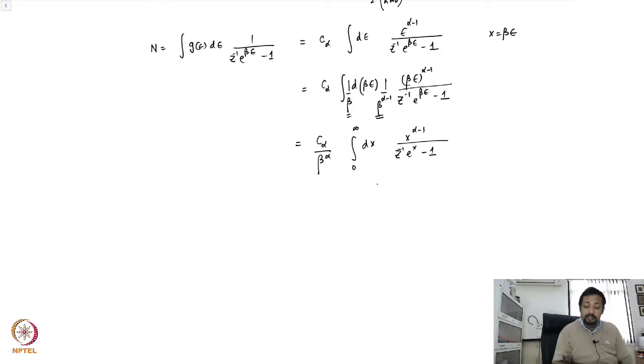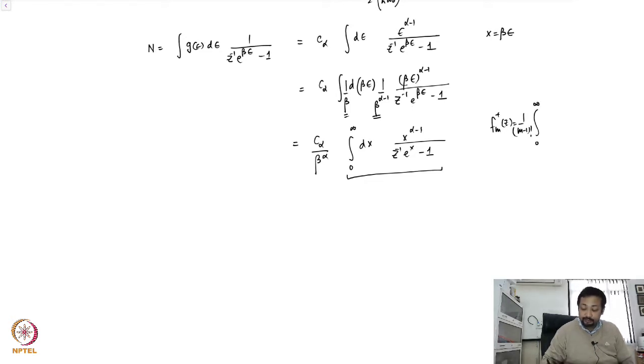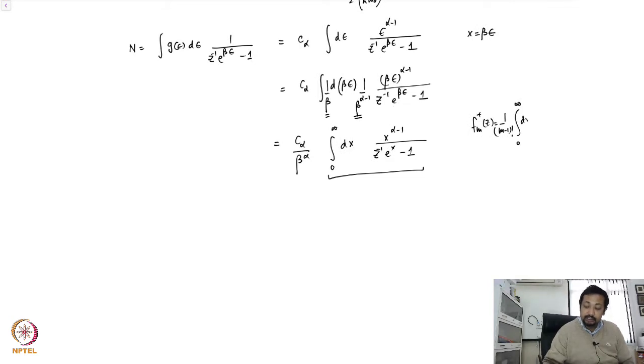Now, this integral is related to the integrals that we had defined, f_m^+(z), which is 1 over (m-1)! times the integral from 0 to infinity of dx x^(m-1) over z^(-1) e^x minus 1. If you compare these two integrals, you see that a factor of 1 over (m-1)! is missing, but that is easily remedied.